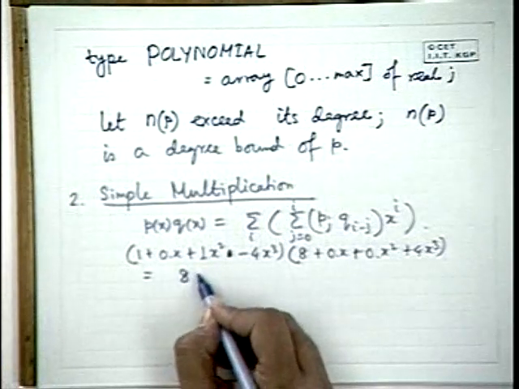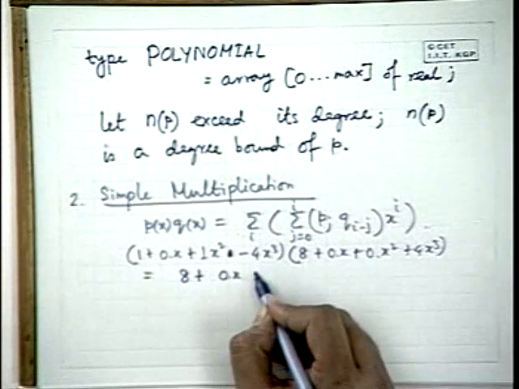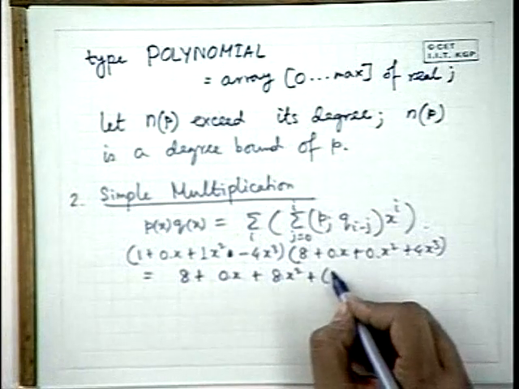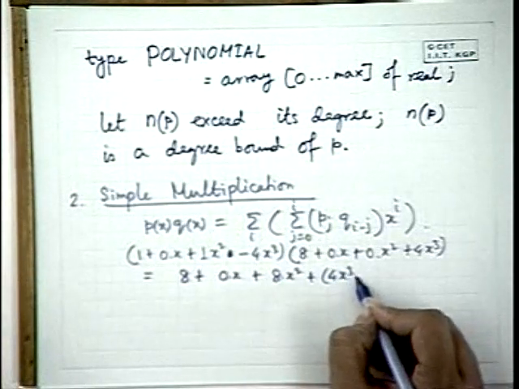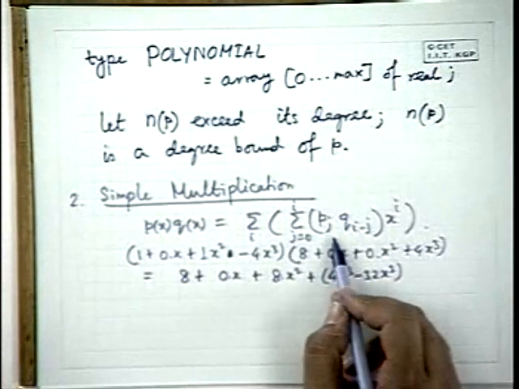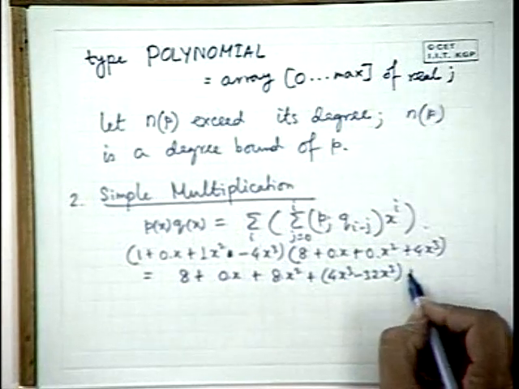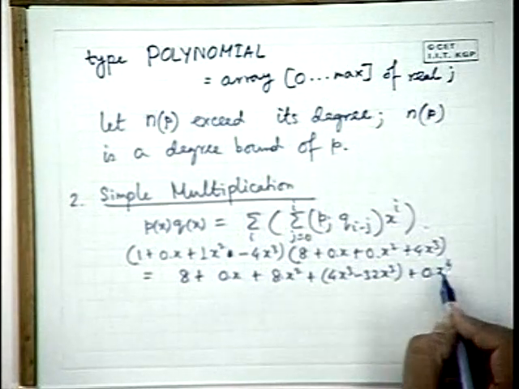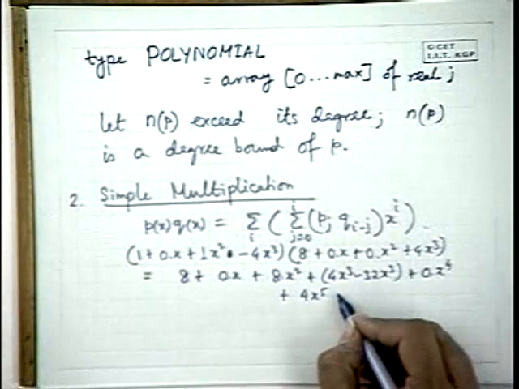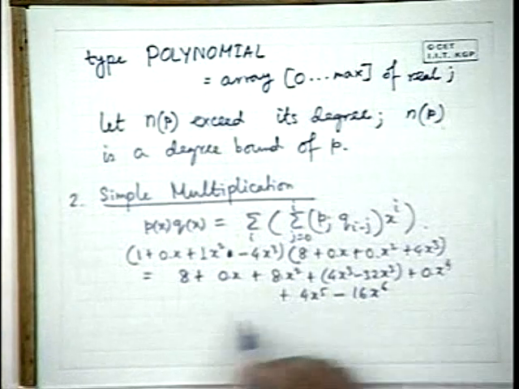First you get 8, then 0 times x, then 8 times x squared, then x cubed will have two terms, 4x cubed minus 32x cubed. You can verify this using the formula; because there are lots of zeros, not many terms will appear. For x to the 4 there is only one term, for x to the 5 there is 4 times x to the 5, and for x to the 6 there is only one.